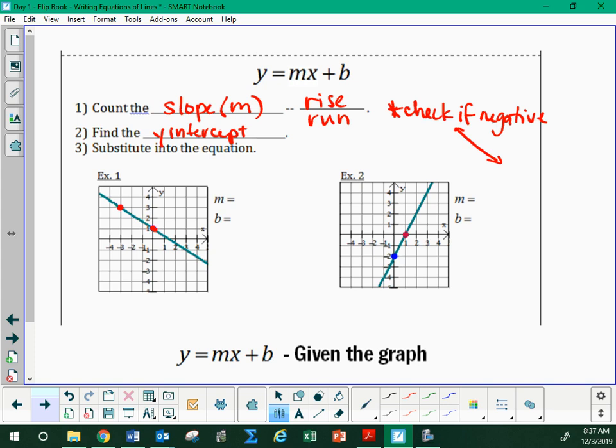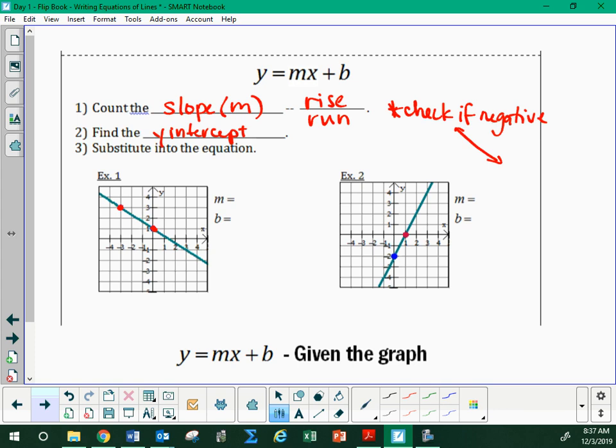So if they don't give you which points to use, when you choose them, make sure the points lay on the crisscross perfectly. So for example, if I take a look at this point here, notice it's not perfectly on my little crisscross. I want it exactly on that crisscross. Does it matter where you put the negative? No. Because you could either do -2/3 or 2/-3.